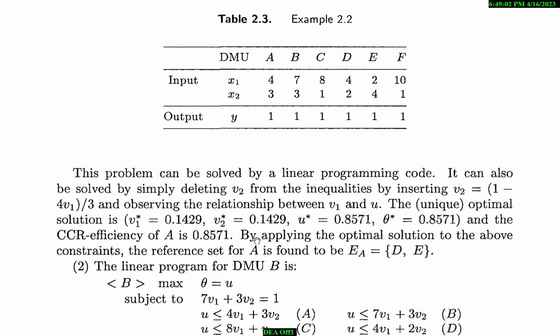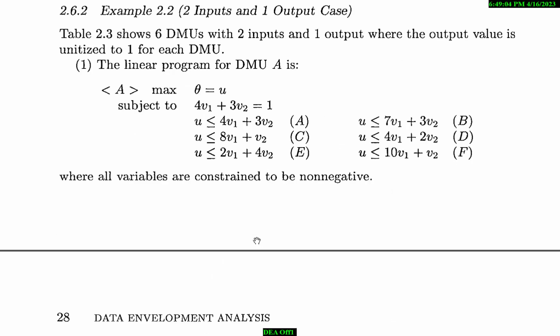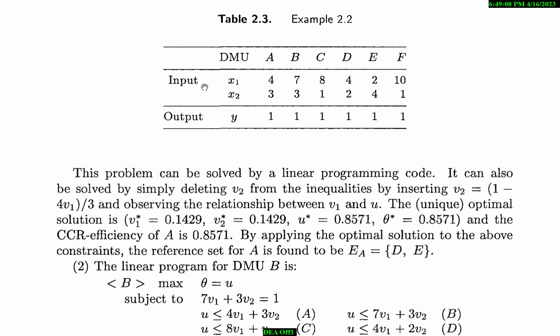Now we give another example that has two inputs to produce one output, where all the outputs are one, and we have 6 DMUs here. So for each DMU we should solve the CCR model.